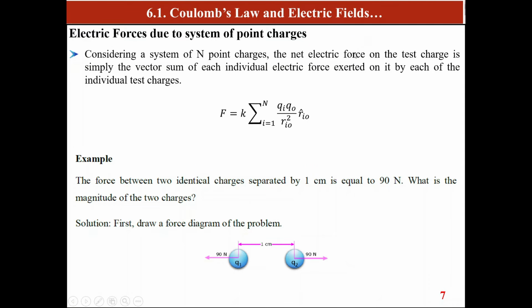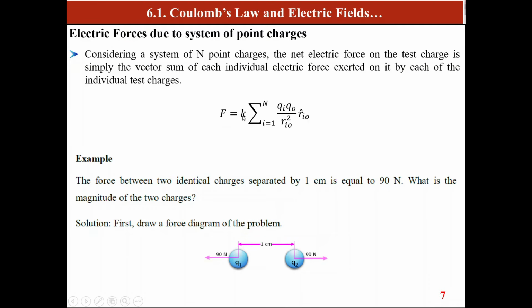if you have n number of point charges, the net electric force on a given test charge will be equal to Qi Q0. Q0 is the test charge that we need to consider. i is the number of different charges we may have, from 1 up to n, so you have to vary this one, and also the distance between this test charge and the other charge, it may be Q1, Q2, or Q3.